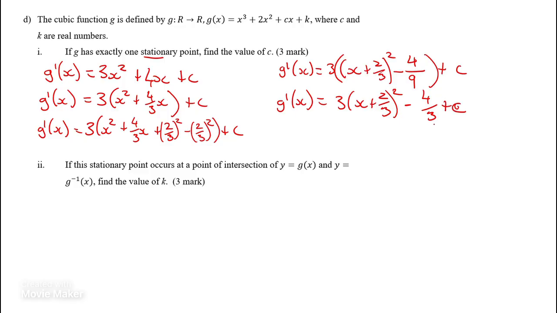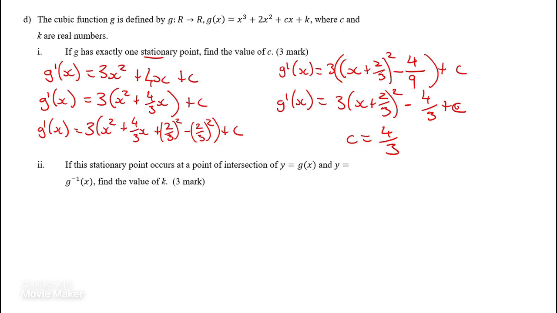So now, to cancel out that 4 over 3, I'm going to have my c value be 4 over 3. So that means I will have one solution. Let's look at II.